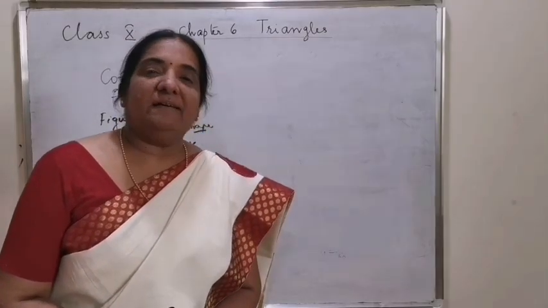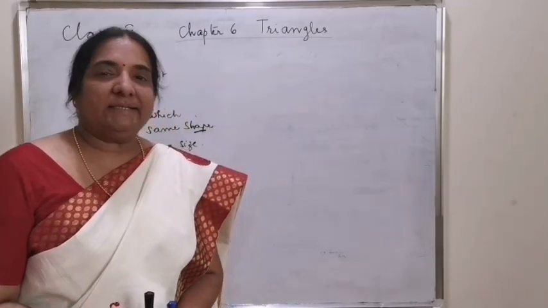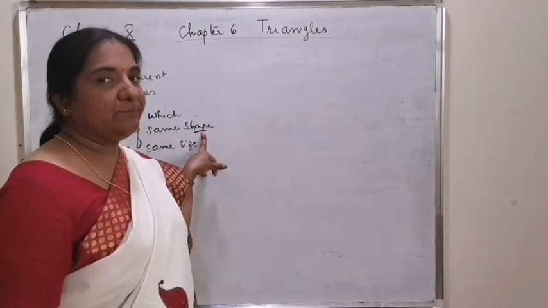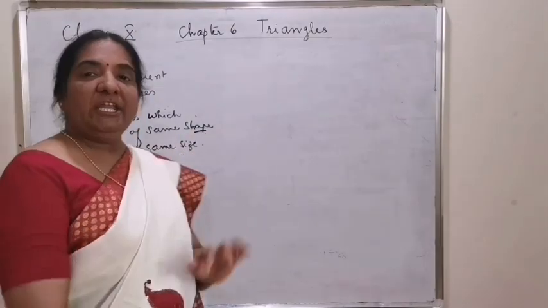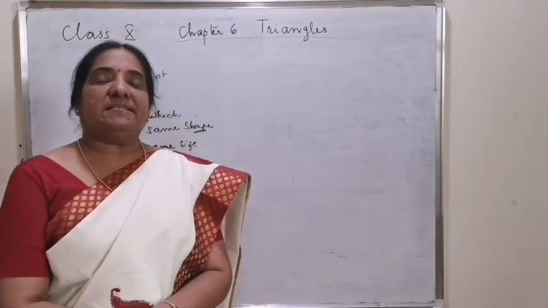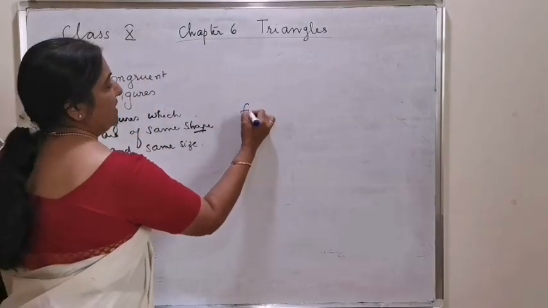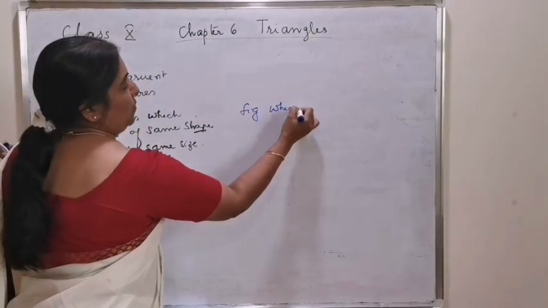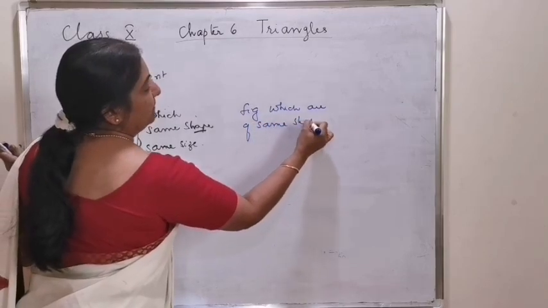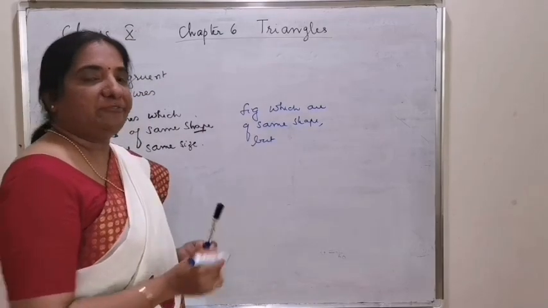What are similar figures? The word similar gives you a clue that the shape has to be the same, but the size need not be the same. That is, 2 figures are said to be similar if they are of same shape but the size can be different.